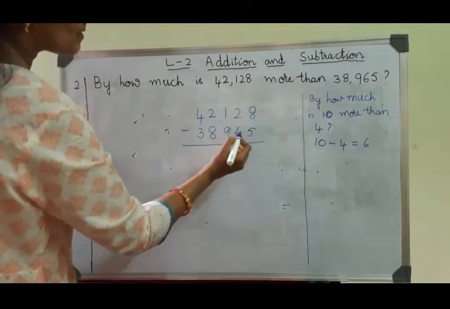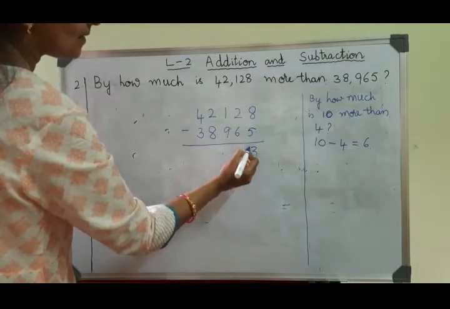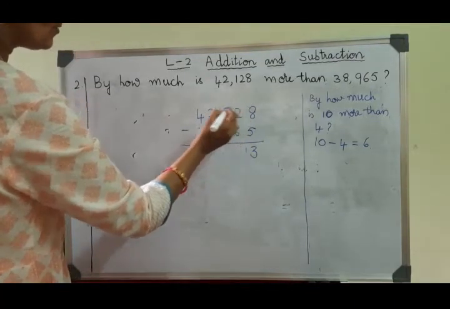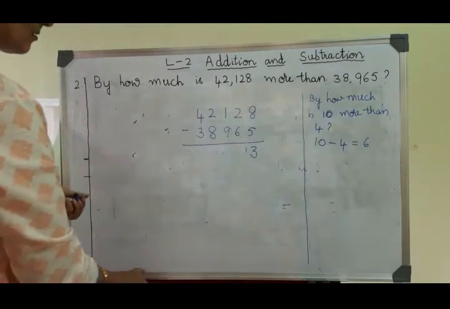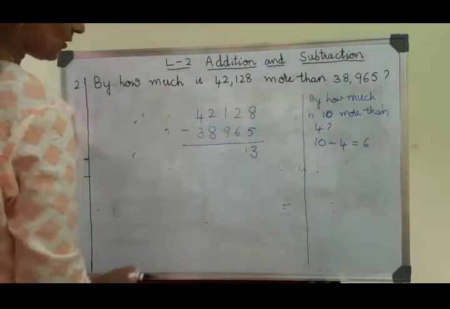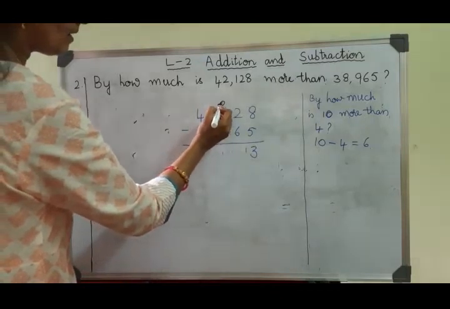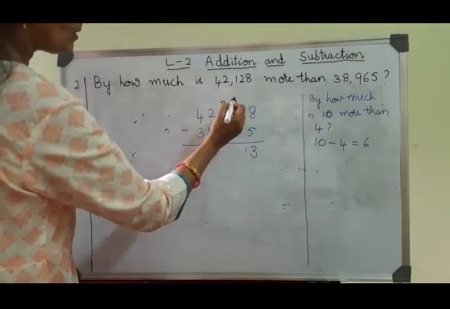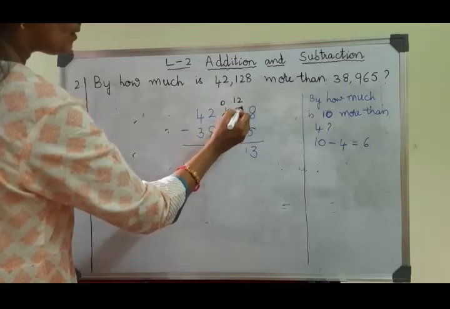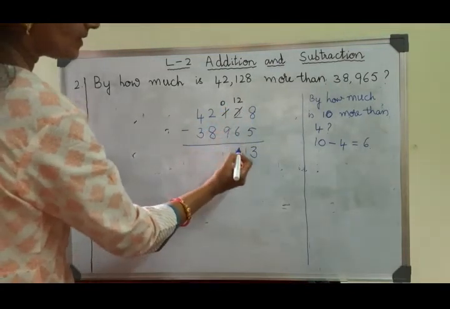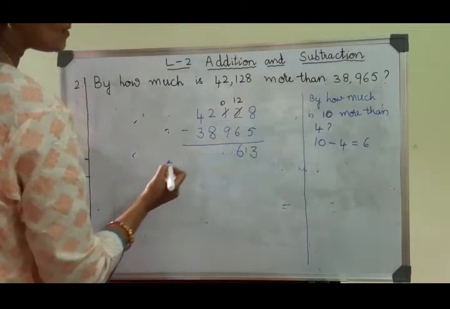Now 8 minus 5, how much is it? 3. You cannot subtract 6 from 2. So what do you have to do? You have to borrow 1 from here. It will become 0, and this will become 12, right? 12 minus 6 is 6.